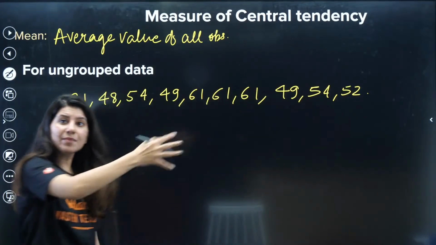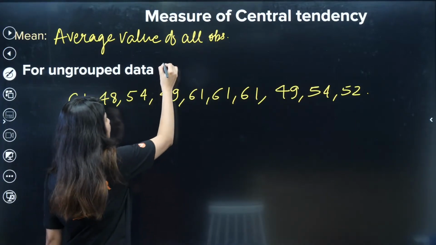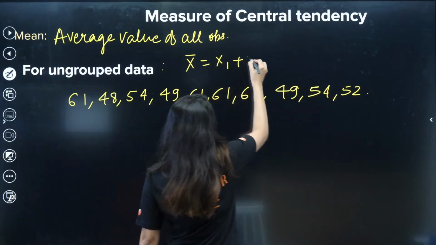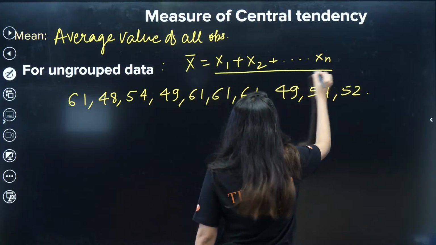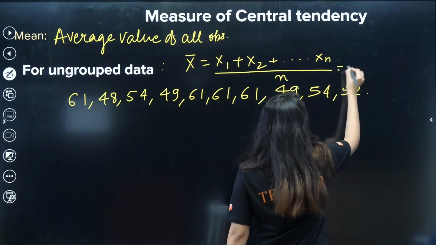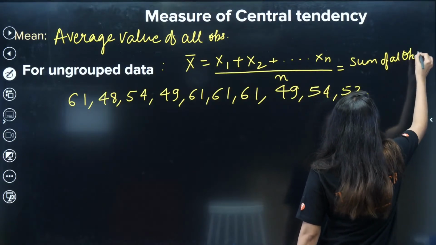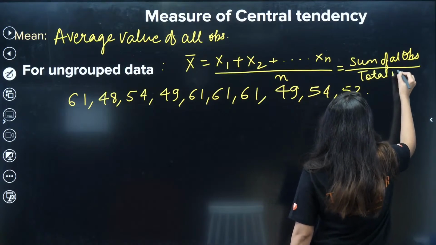These are the similar data I have copied. For ungrouped data, the mean formula is x bar equals x1 plus x2 and so on, the sum of all the observations upon the total number of observations, right?